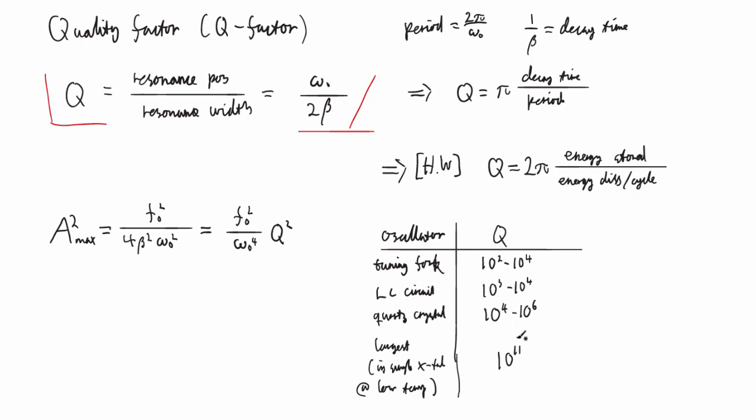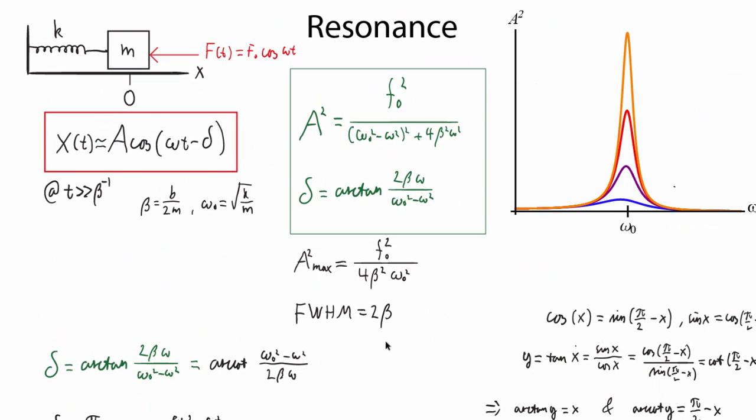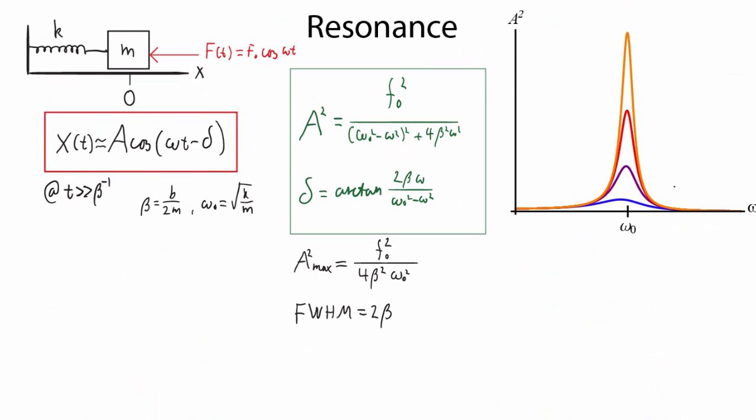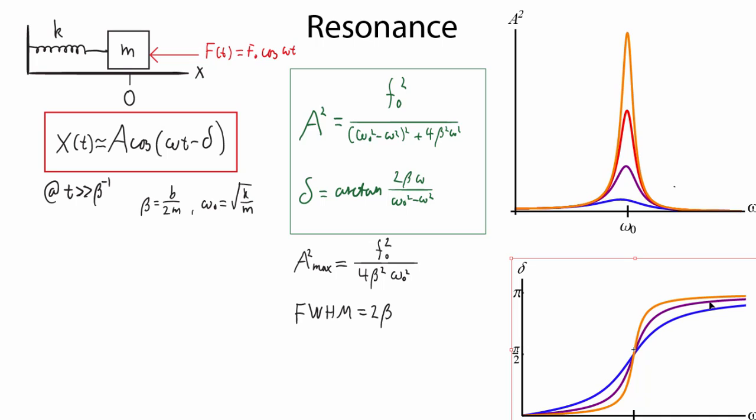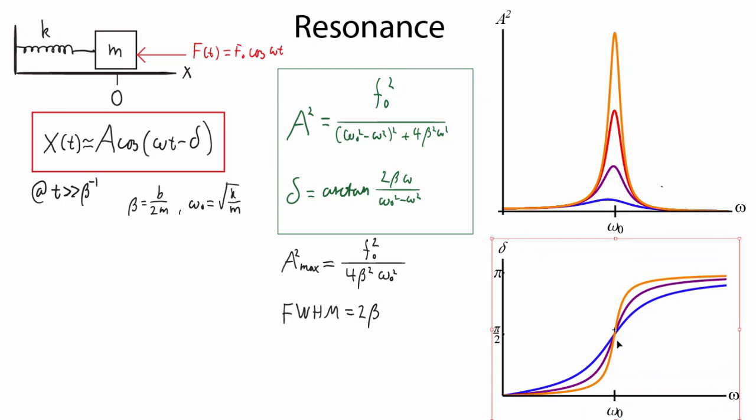So let's go back to the beginning of this video and summarize what we have learned. So we know that this is what the amplitude squared looks like. Here's the phase, plotted the same way.